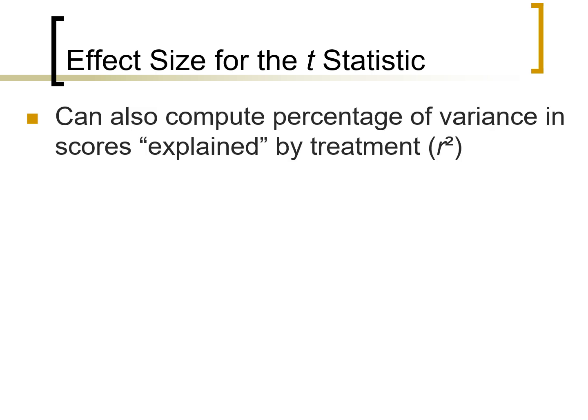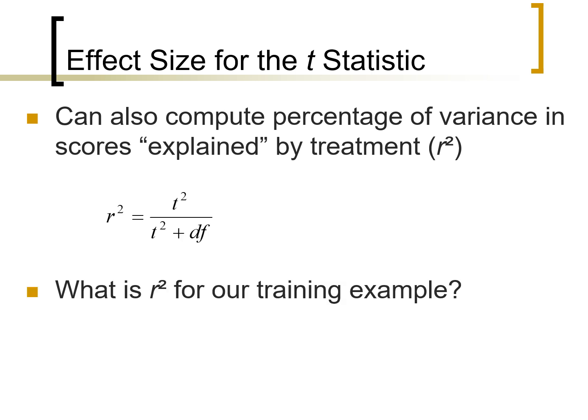Now, we can also think about variance accounted for. And we'll talk about R squared later on, specifically once we get to correlations. In fact, R by itself does stand for the correlation, and then R squared is variance accounted for. This is a formula that I just wanted to introduce because you might see it other places, but basically we're not going to be using it.